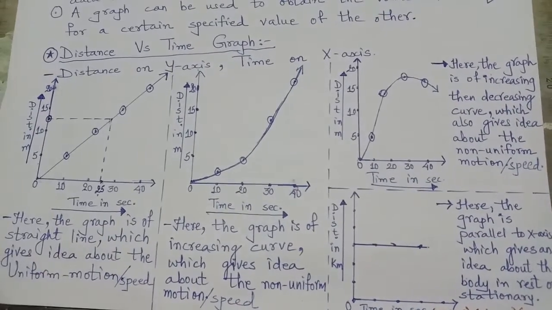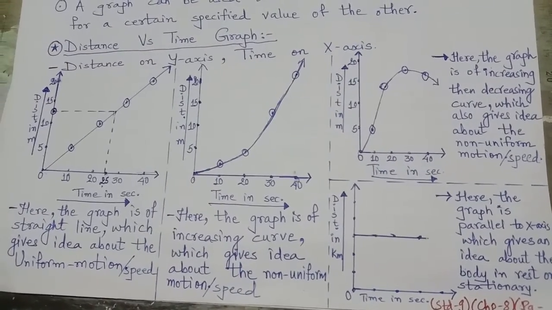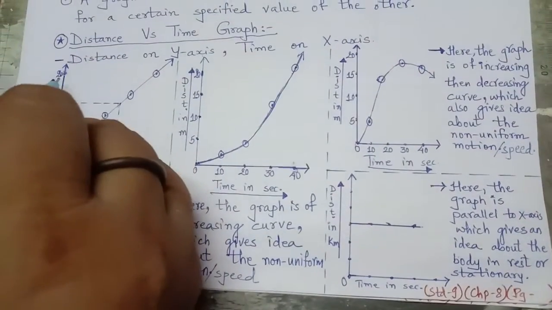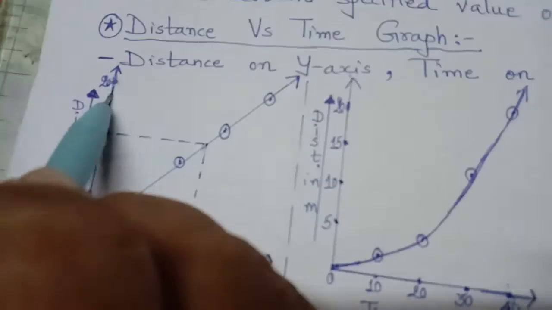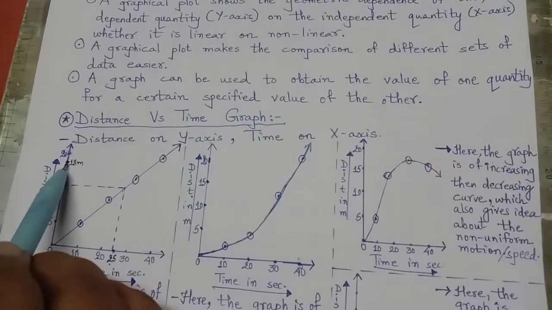In another way, if I want to know where my object or my vehicle is here, and let us suppose that it is nearly 18 meter, now I want to know the time when I am at 18 meter.